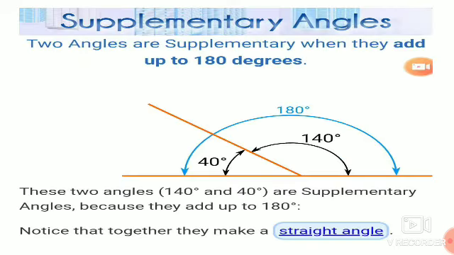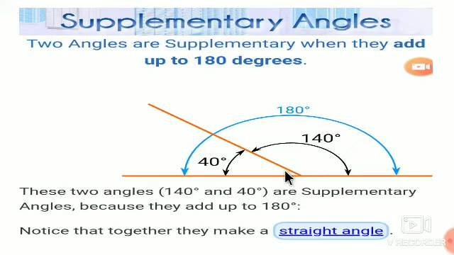Next is the supplementary angle. If the sum of two angles is 180 degrees, then that pair is called a supplementary angles pair. If you observe here, 40 degrees plus 140 degrees, its sum is 180 degrees.